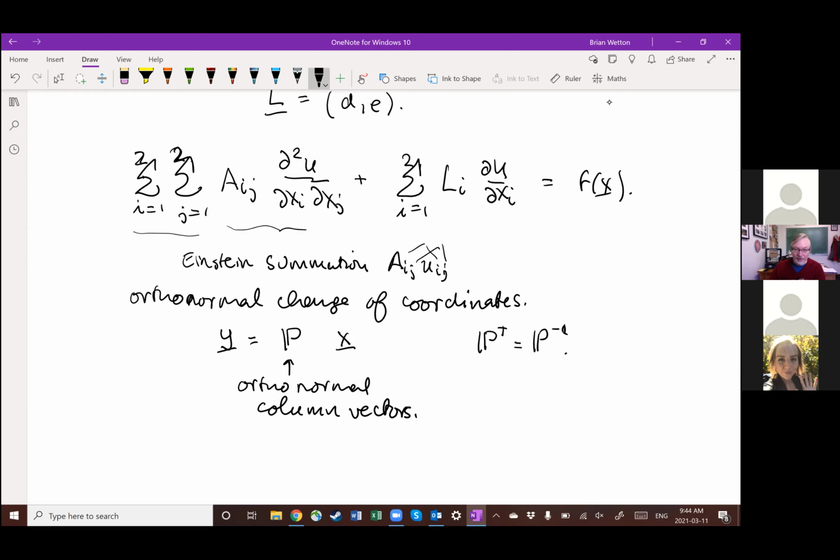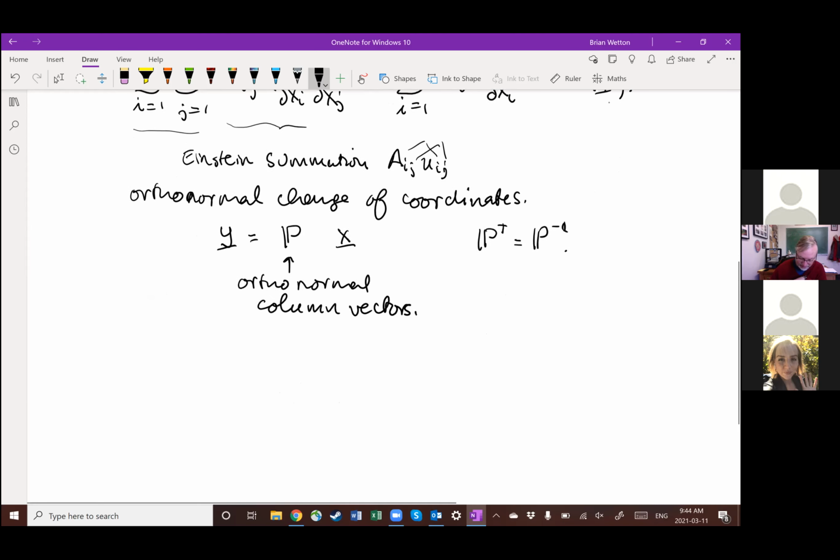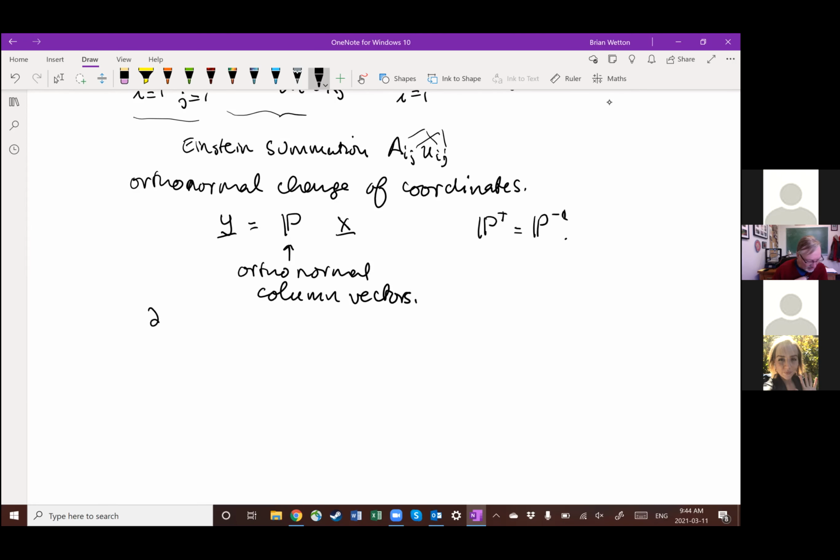Okay, so now I want to bring these two things together, right? I want to change coordinates and change my x derivatives into y derivatives. So I have to figure out how to do that. Well, I've got the du dxi. That's one of the things I've got in my PDE.